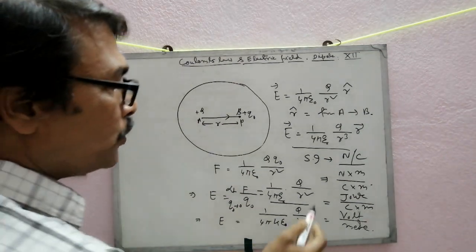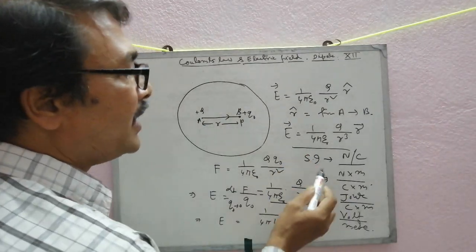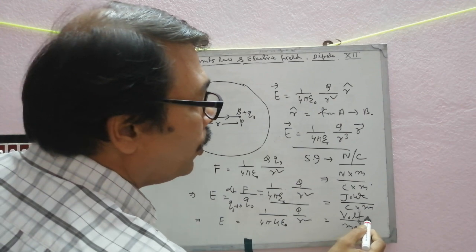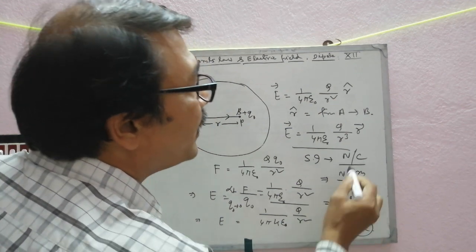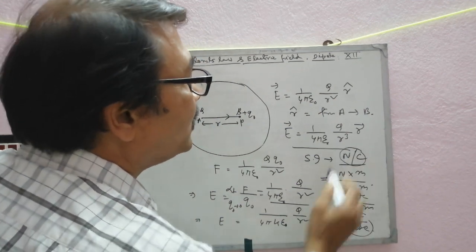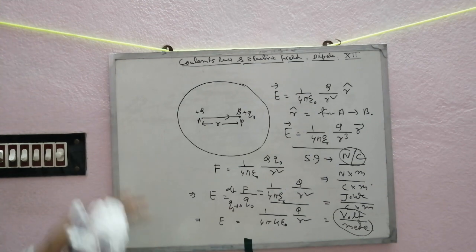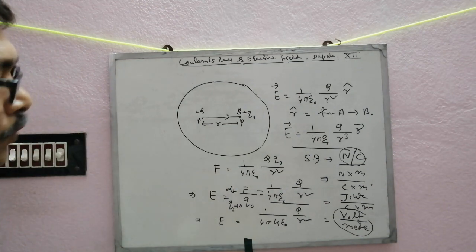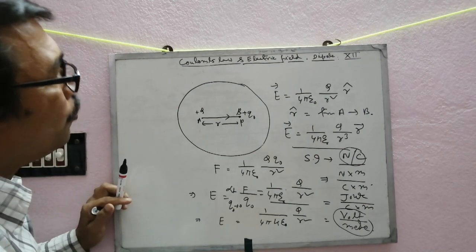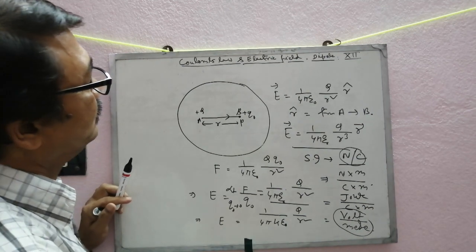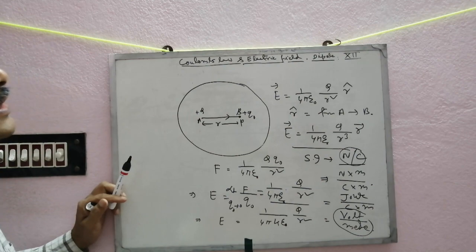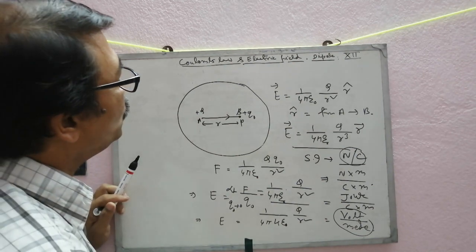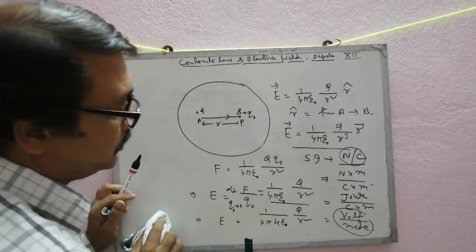So another unit of electric field in SI system, volt per meter and Newton per Coulomb. These are the two types of unit, but both are SI unit. Okay, so we find out the electric field at a point due to a source point charge.